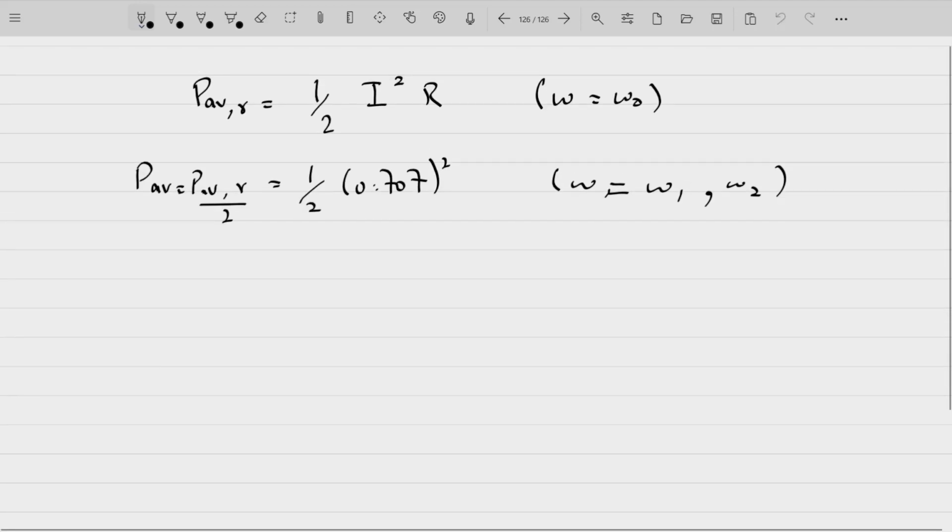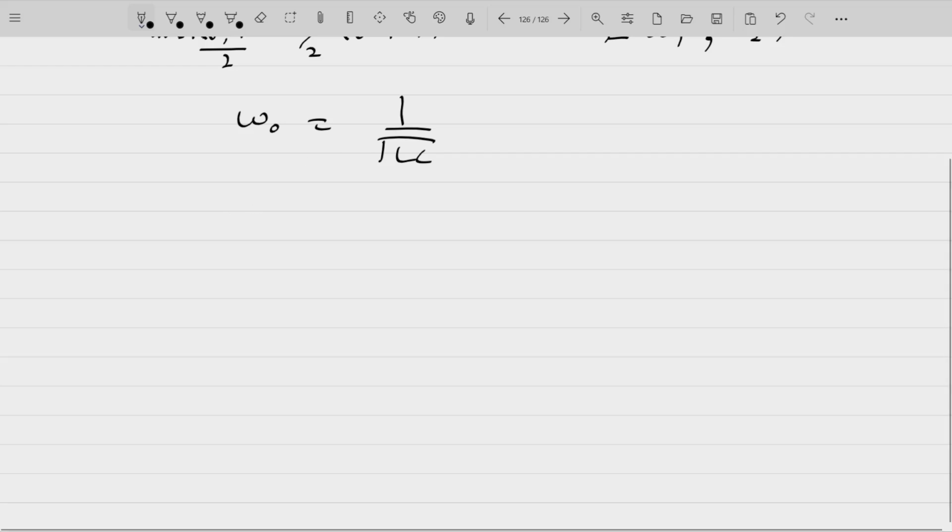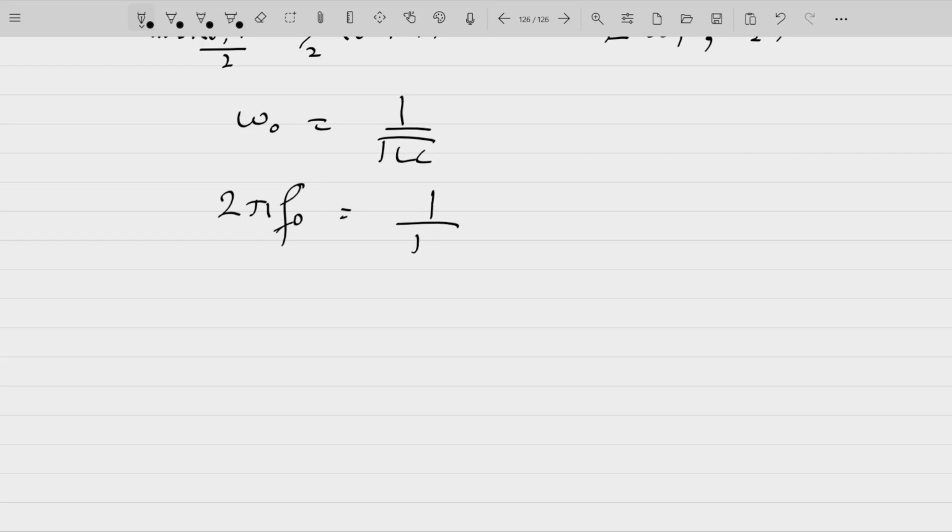If you want it in terms of frequency, omega naught is equal to under root of 1 by LC. We know omega naught can be written as 2 pi f naught in terms of simple frequency f. So f naught is 1 by 2 pi under root of LC.